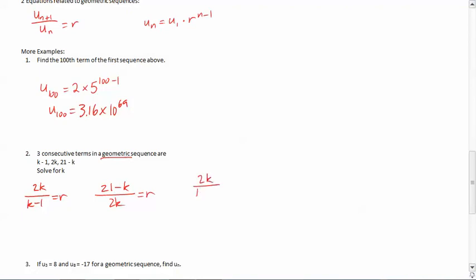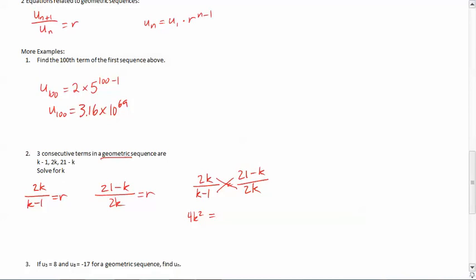2k over k minus 1 equals 21 minus k over 2k. And so now we can cross multiply. 2k times 2k is 4k squared. We can do this as well.